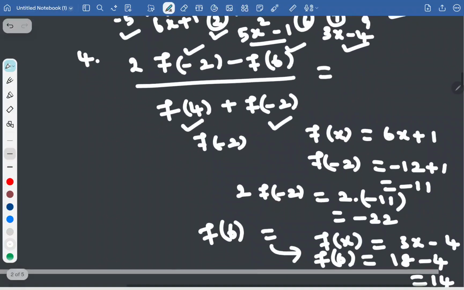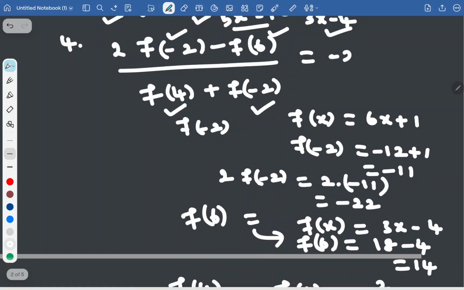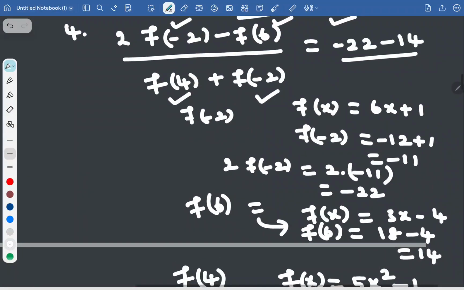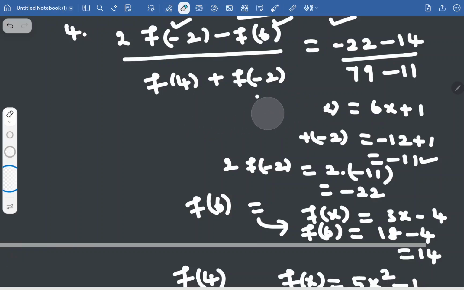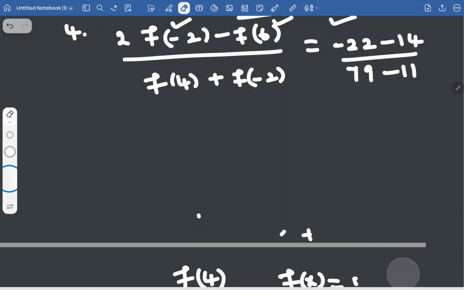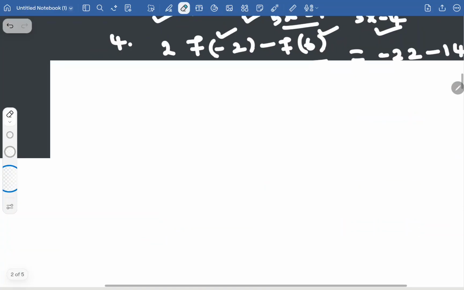Substitute all the values. Minus 22 minus 14, 79. Already f of minus 2, the answer is minus 11. Now simplify, we get the final answer for problem number 10, fourth subdivision.